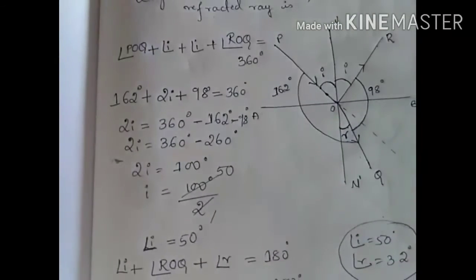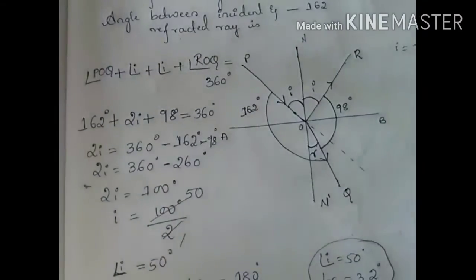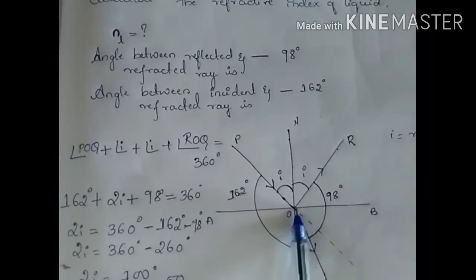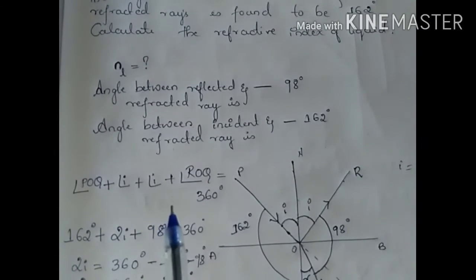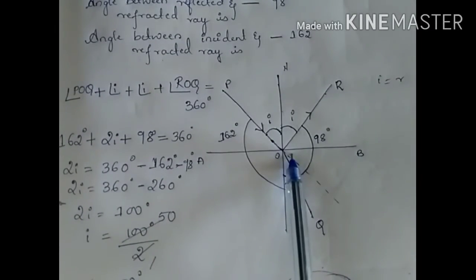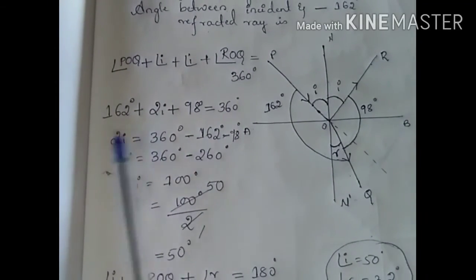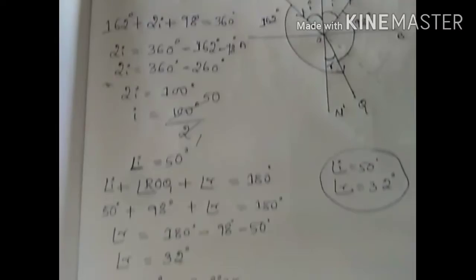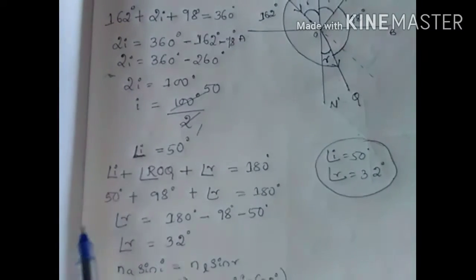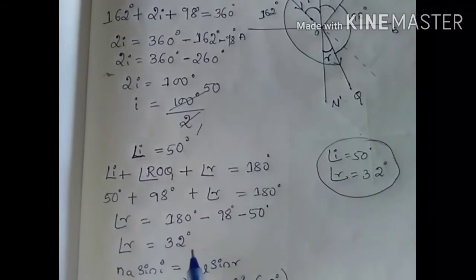To do this, firstly we drew the ray diagram for this problem according to the data given in the problem. If the data given in the problem is clear to us, then we can easily draw the ray diagram, and from the ray diagram we can use basic mathematics to find the angle of incidence, and after that the angle of refraction.